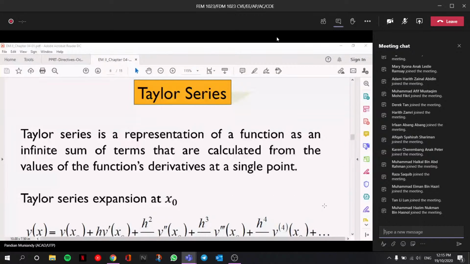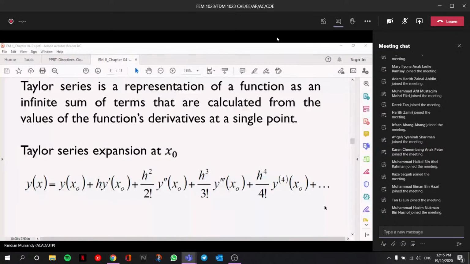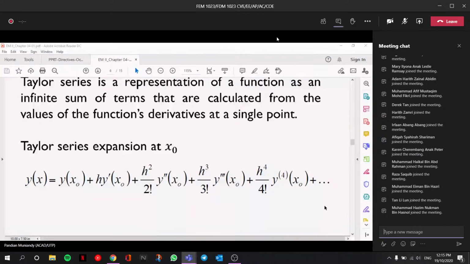So how does it work? Now you see the Taylor series. See the slide. This is a very long series, that's why they call it an infinite series. Y(x), this is the output.